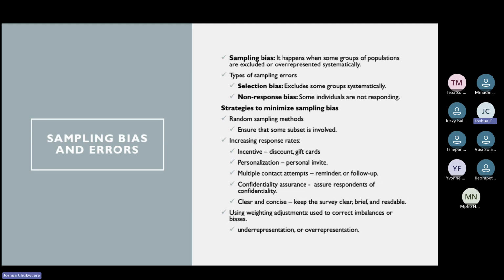The strategies to minimize your sampling bias can be using a random sampling method. Because when you use a random sampling method, remember, everyone has an equal chance of being represented. In this case, nobody will say I was excluded, and so on and so forth.